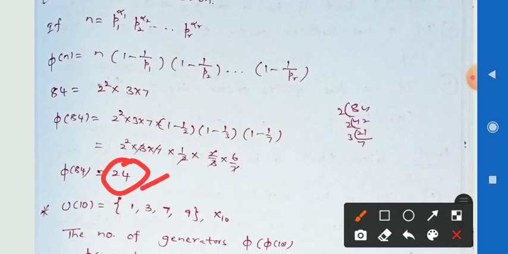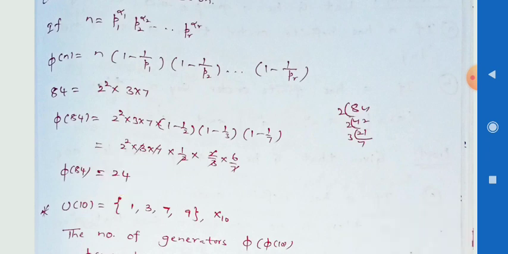By the Euler function we can say that the group must have only 24 generators.